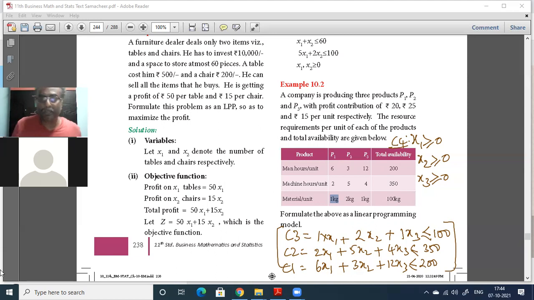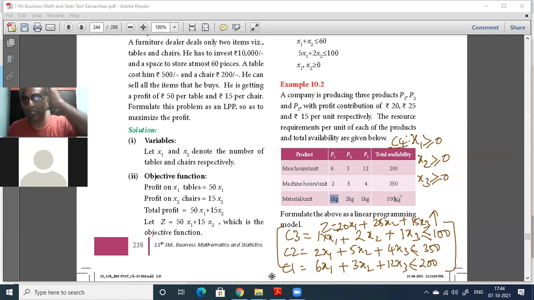The maximizing profit is 20X1 plus 25X2 plus 15X3. This is Z, the maximum profit, the objective function. These are the constraints C1, C2, C3, and C4.